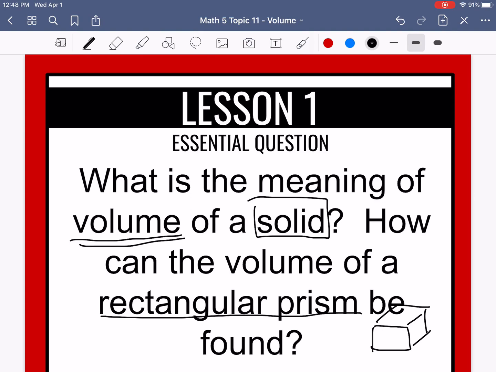That kind of looks like a tissue box. You could also have a square, because remember, sometimes a square is a rectangle also. So there's another one.